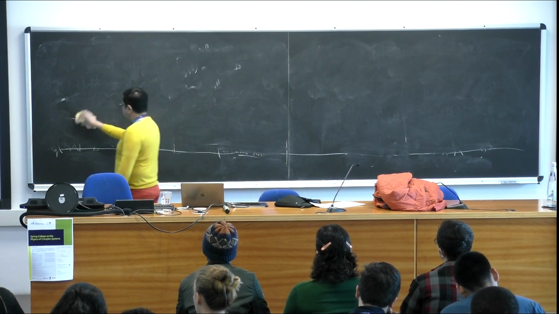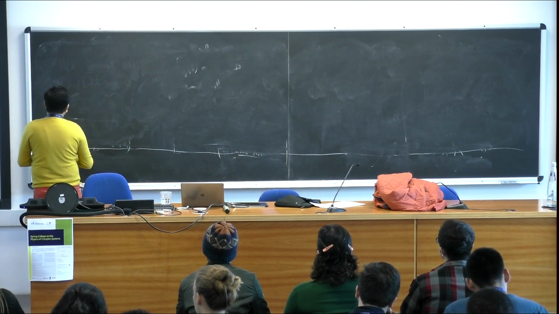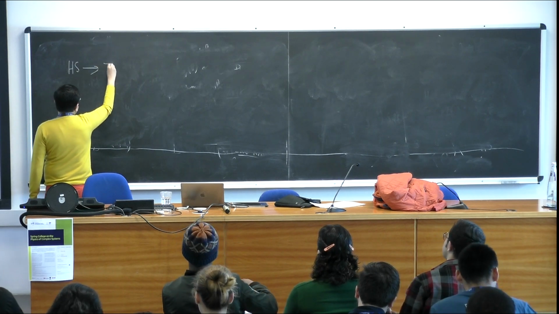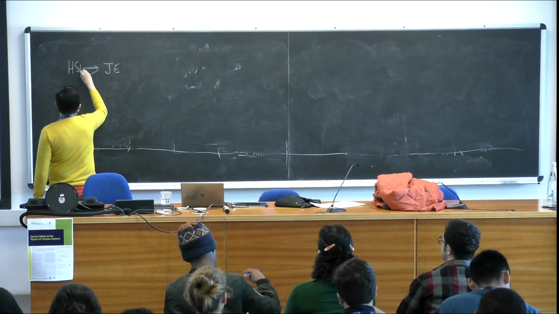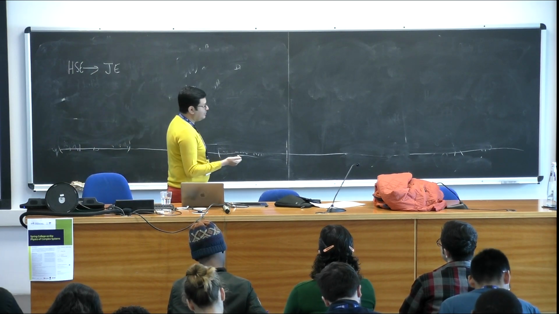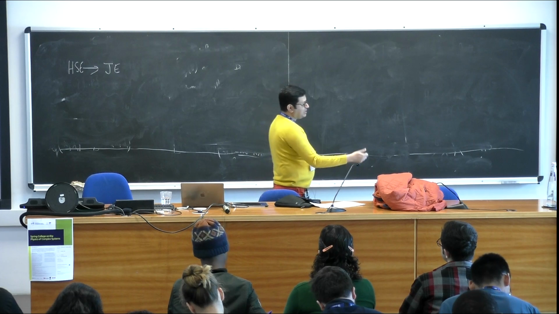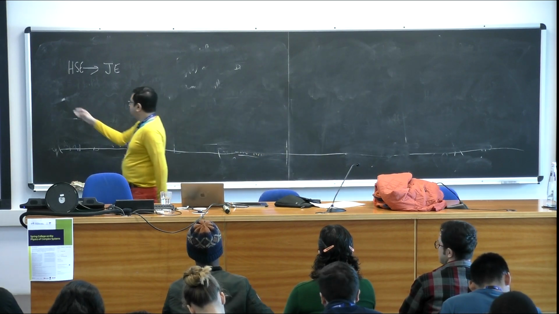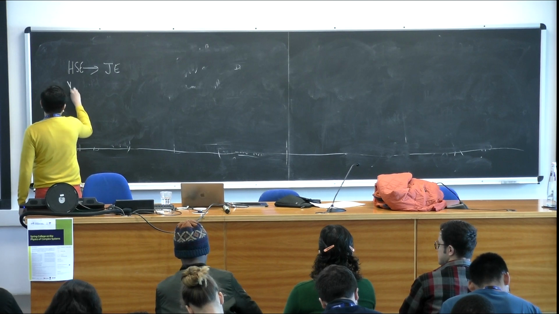Let's just see how Hatano-Sasa leads to Jarzynski. Hatano-Sasa equality. Because a non-equilibrium stationary state, an equilibrium stationary state, is a special case of this, so one should follow from the other. So let's just see what Hatano-Sasa says.